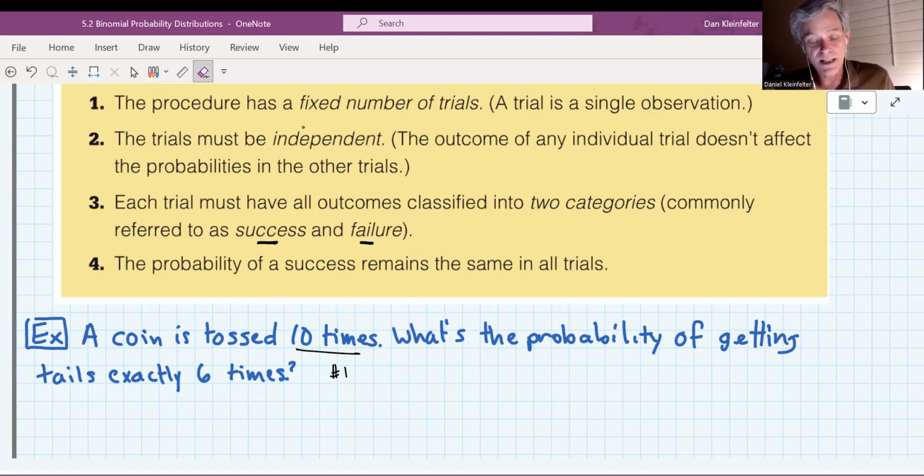Tails is going to be our success because that's what we're interested in. So for this problem, I would label tails as the success outcome. But there are 2 possibilities, either heads or tails. And the probability of success remains the same in all trials. So the results don't change as we do those 10 coin tosses.